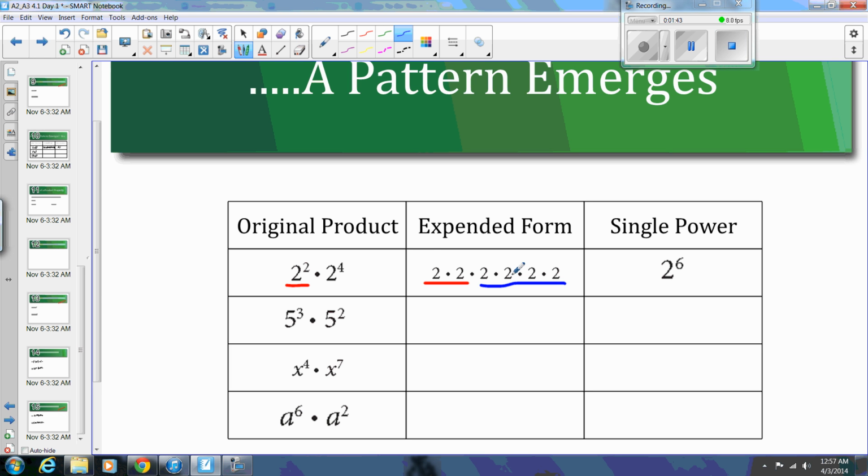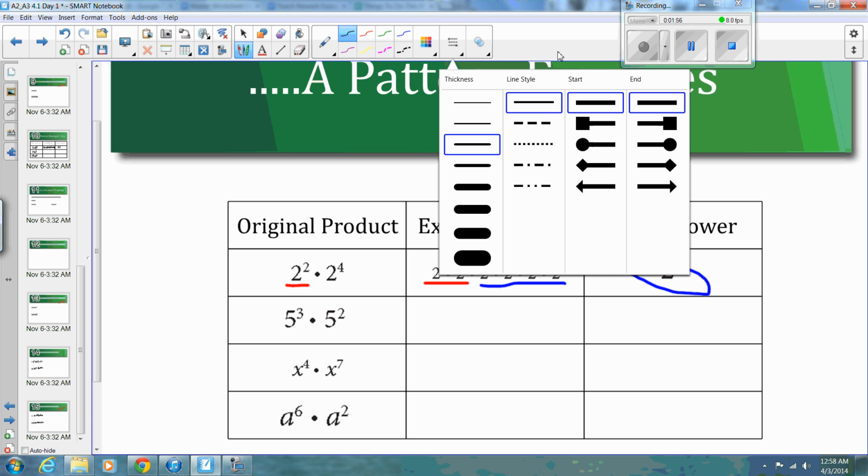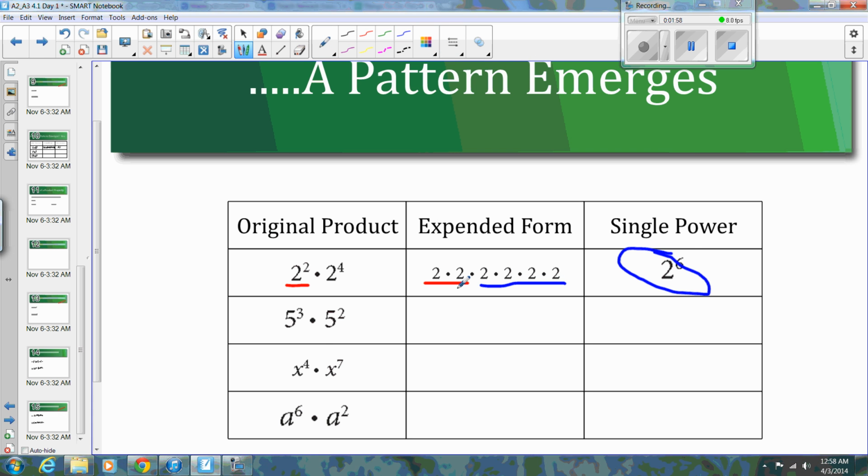And how do we write this as a single power? Well, how many 2's are there? If I'm going to write this using a single power using exponents, I write this as 2 to the 6, right? So 2 to the 6 here. Let's look at some other examples involving expanded form, and you'll begin to see this pattern emerge more. So we have 5 cubed times 5 squared.